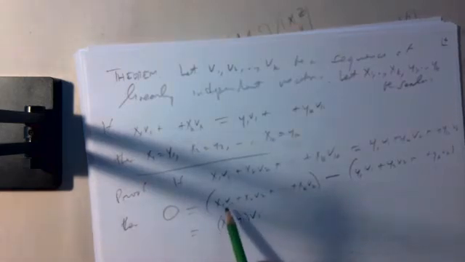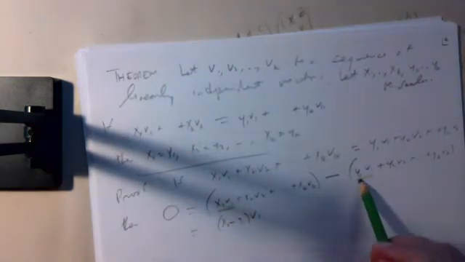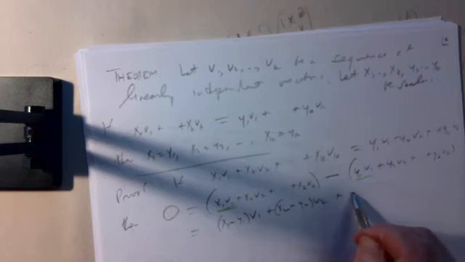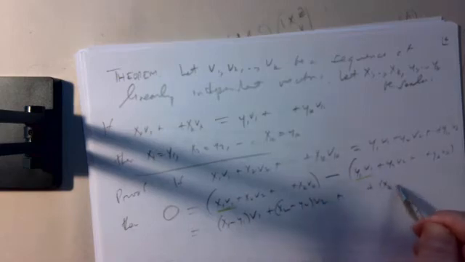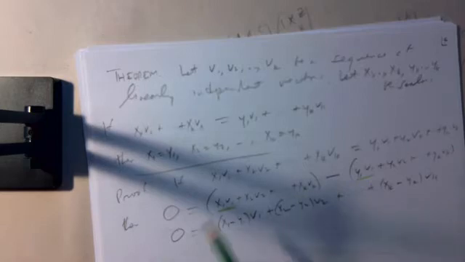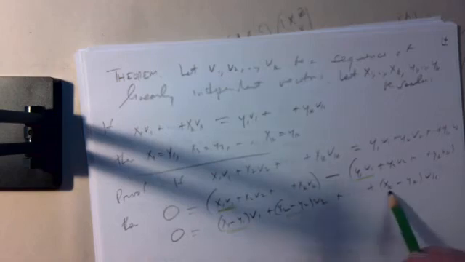Now here we have x1 v1, here y1 v1. When you subtract, that's x1 minus y1 times v1 plus x2 minus y2 times v2 and so forth up to xk minus yk times vk. That's the 0 vector. But this is a linear combination of v1, v2 up to vk with these coefficients.